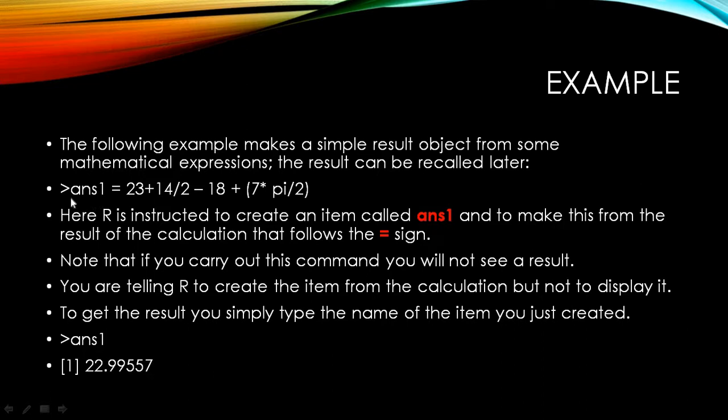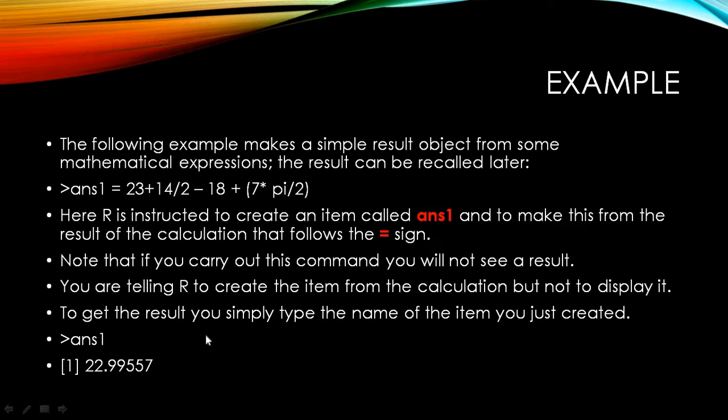Your input, as you know, will follow greater than answer 1 equals to your mathematical operation. When you hit enter, that's it, it will display no results. But if you want to retrieve what is there in answer 1, the named object answer 1, you just type greater than answer 1, hit enter, you'll get the output.